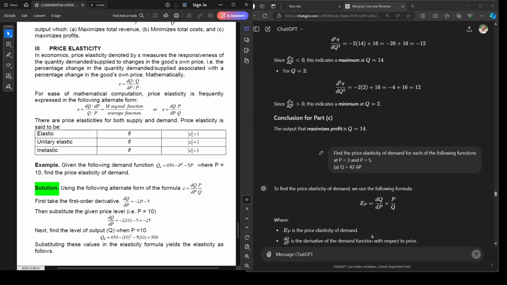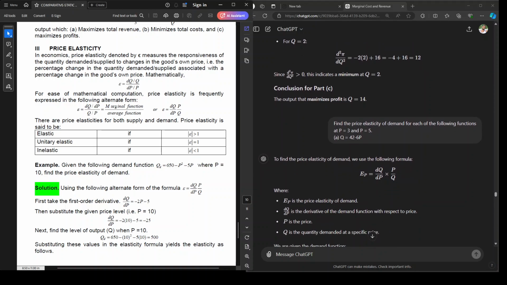That is price elasticity, not your own price, not your increase in income or what. No, it's about the good.